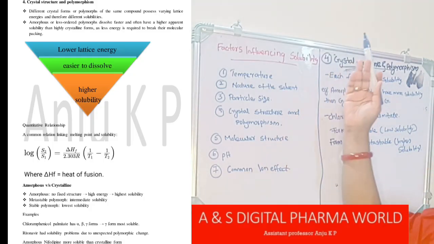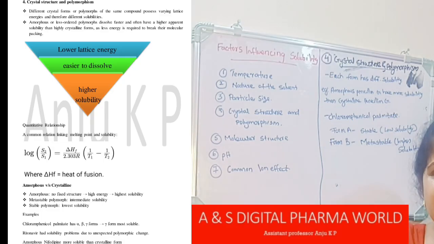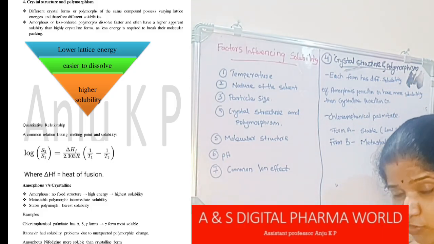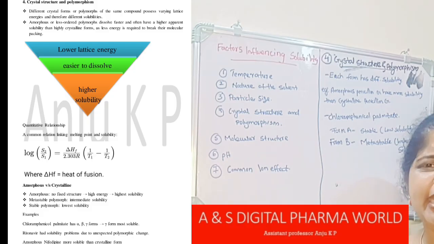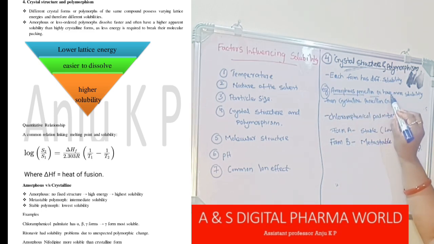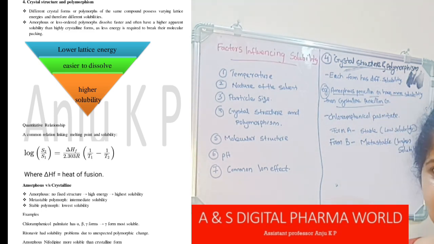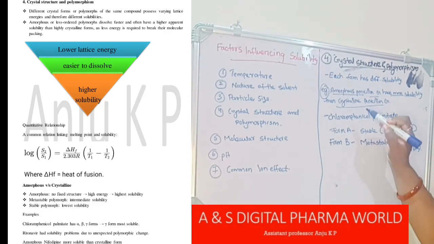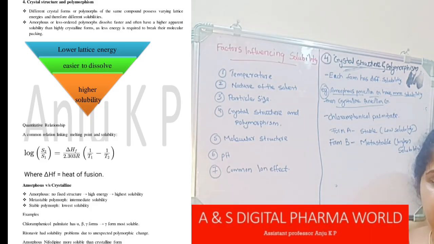Each crystal has different parameters, so it will show different solubility, maybe due to shape, polarity, or molecular weight; anything may be the reason. For example, amorphous penicillin G has more solubility than crystalline penicillin G. Amorphous means the drug is already loosely packed.